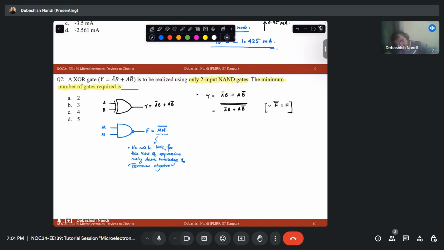Now we use De Morgan's law. So we have this outer bar, and this inner part we will decompose.